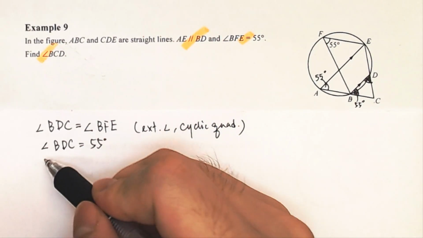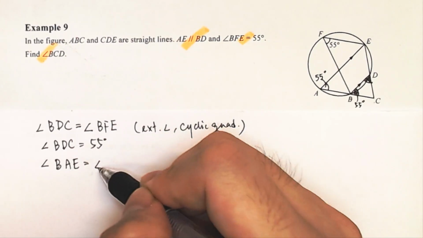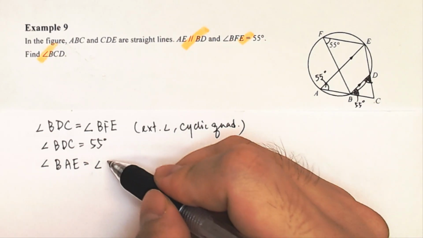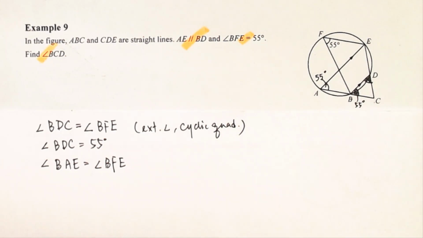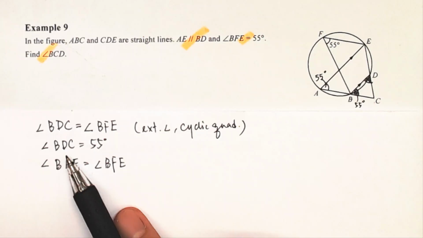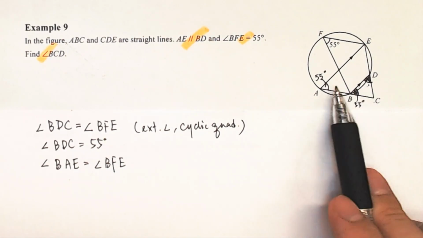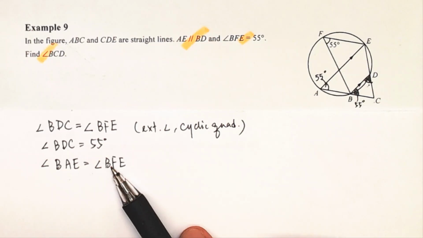And next, angle AE is also equal to angle FE. Or you may say angle AE is the same as angle dot C, because this is the same exterior angle of a cyclic quad as well.